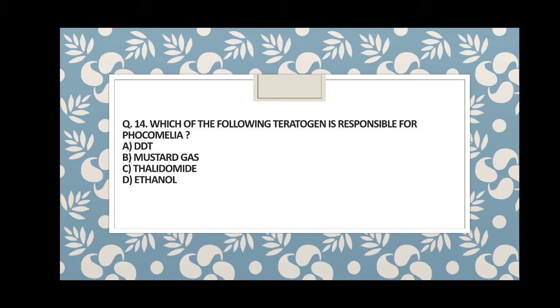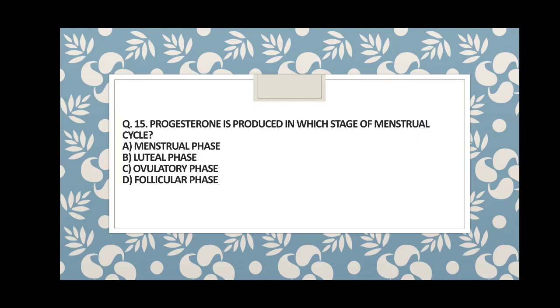Which one of the following is the correct answer? The correct answer is C, that is thalidomide. Thalidomide is the drug which harms the child and makes them a phocomelic child.